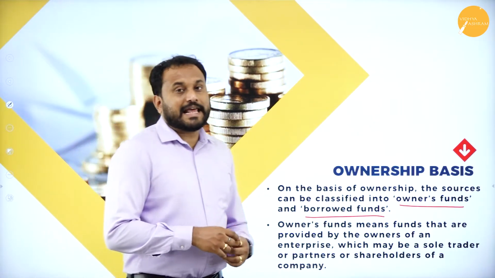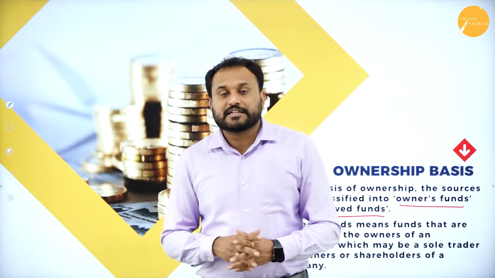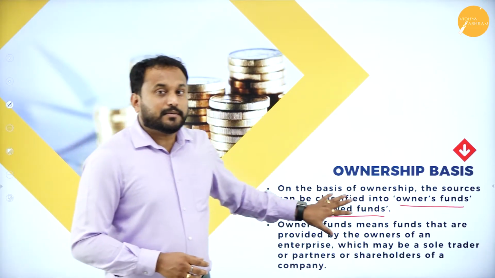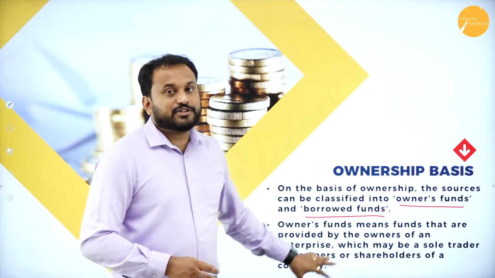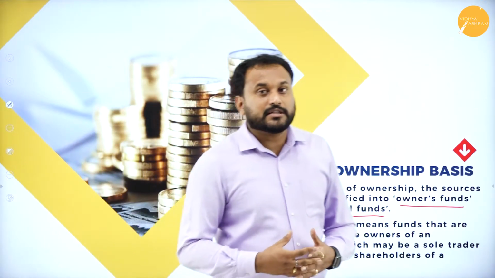But what is the guarantee here? What exactly are the privileges? Whether the company makes a profit or makes losses, they are liable, they have an obligation over the borrowed fund. That means the debenture holders should be paid the interest. Now, this is the reality.